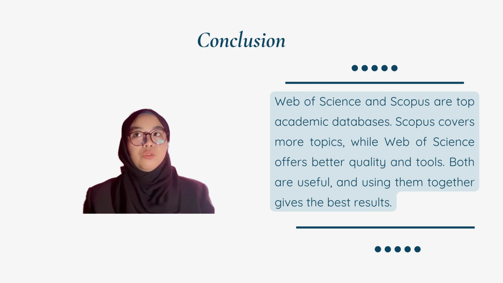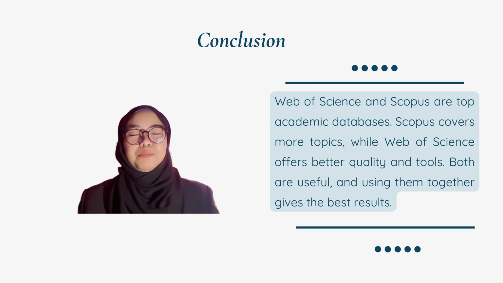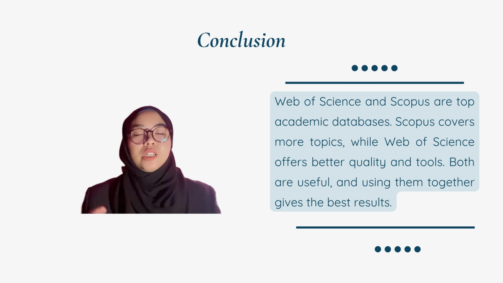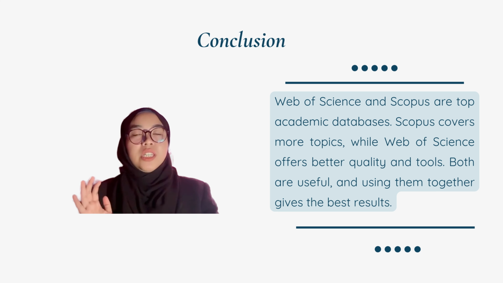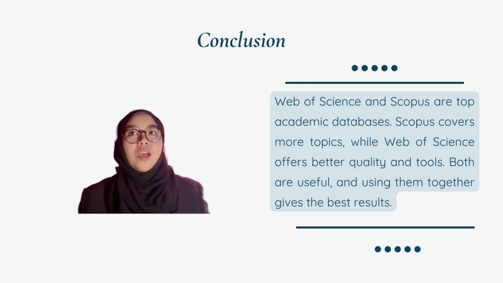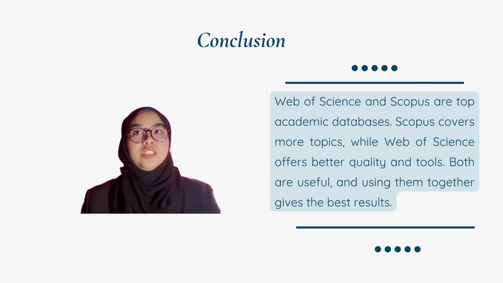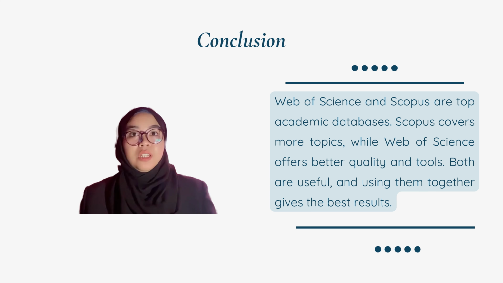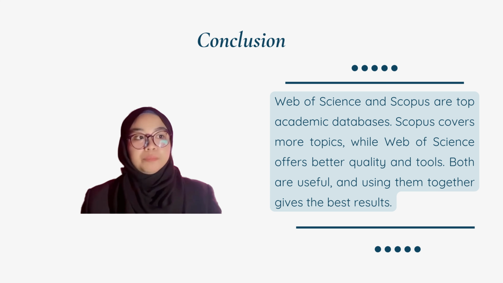That means you have to spend more time figuring out what each symbol and function is, and finding where the title, research area, year, and PDF are. So the functions in Scopus are really not user friendly.